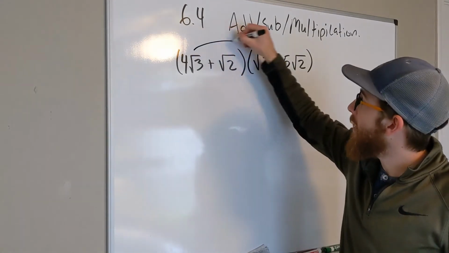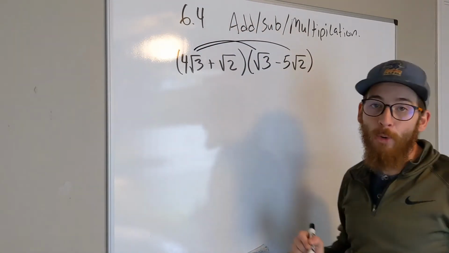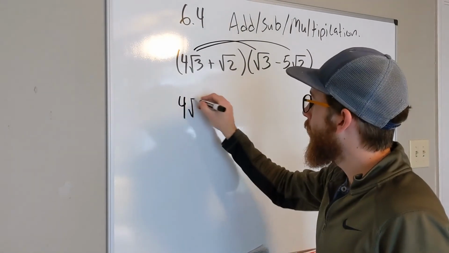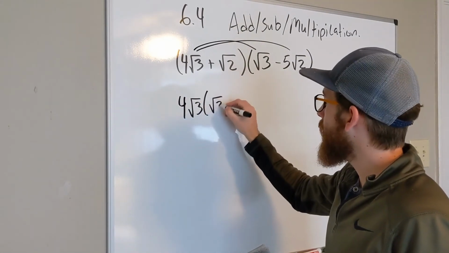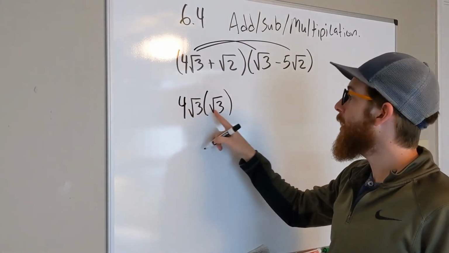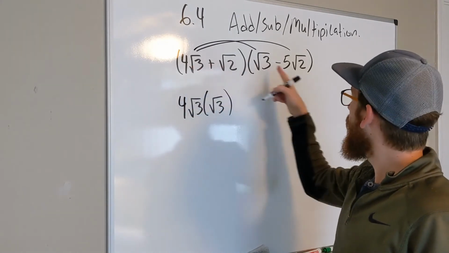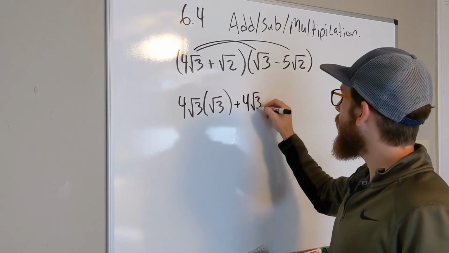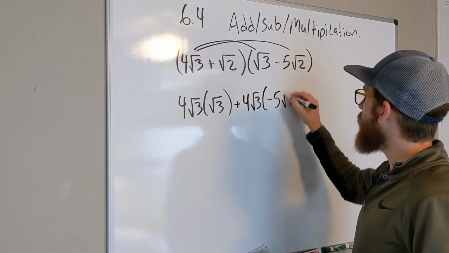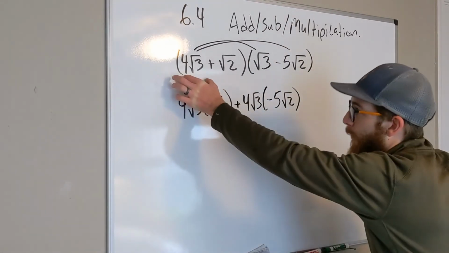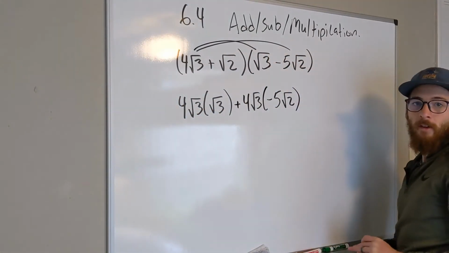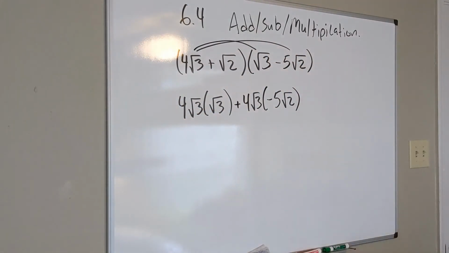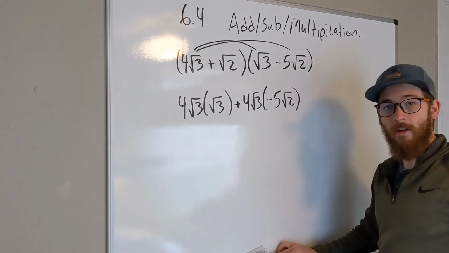The first thing times both. 4 square root of 3 times square root of 3, plus 4 square root of 3 times negative 5 square root of 2. Okay, the first thing times both. That's always how we do double distribution.